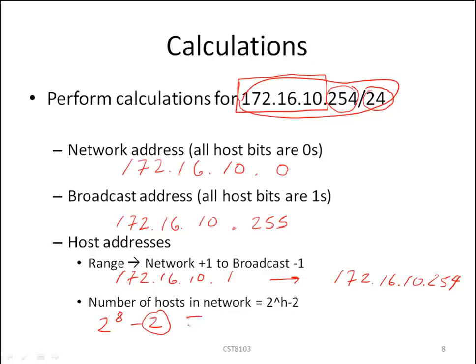So this equals 256 minus 2 is 254. So we have 254 addresses that can be allocated in this network. Therefore, 254 hosts that can exist at any one time.